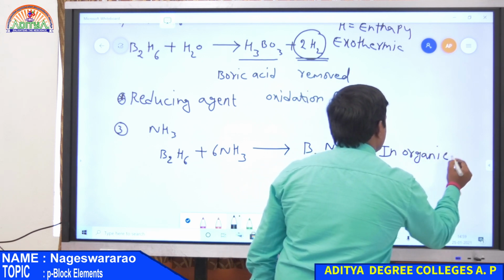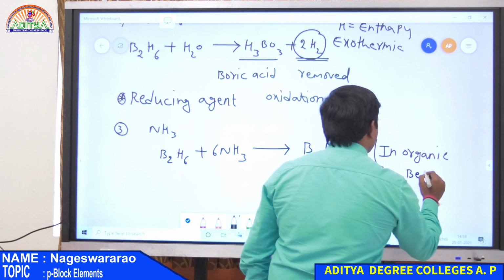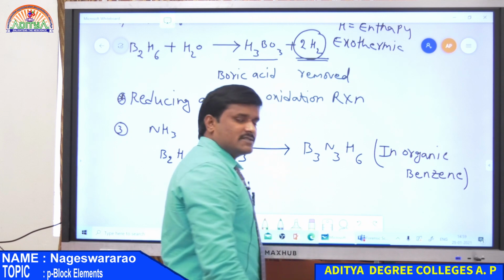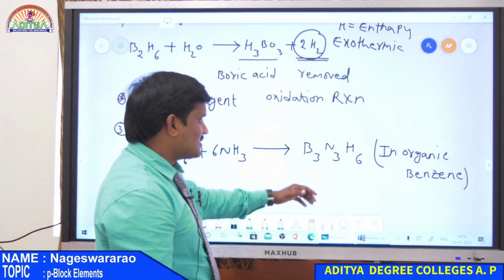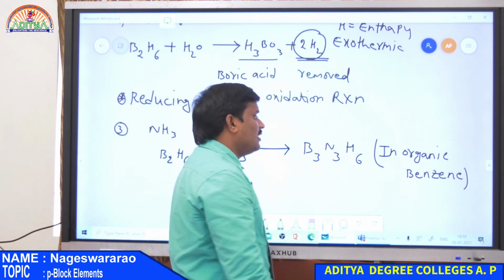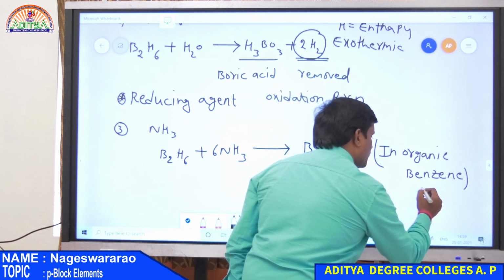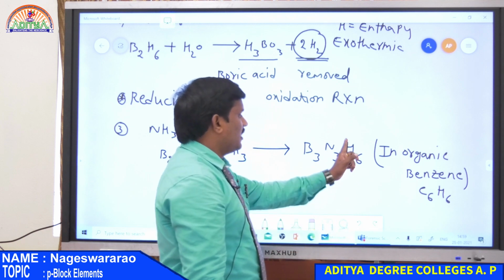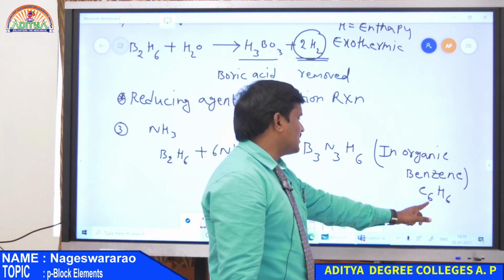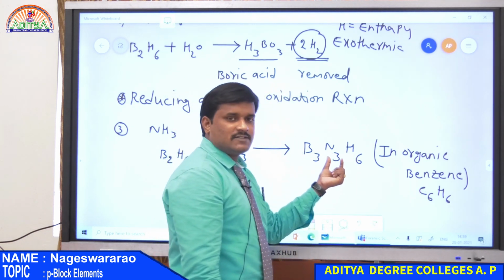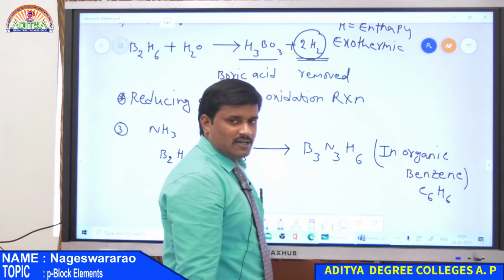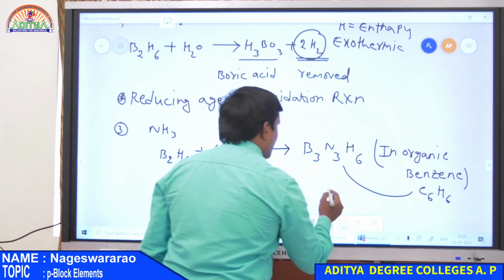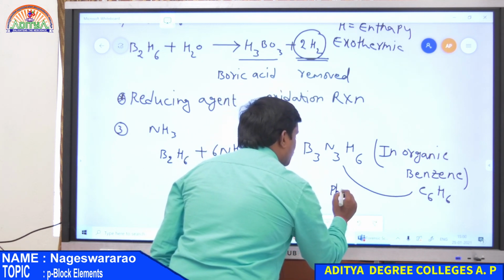Inorganic benzene. B3N3H6 is known as inorganic benzene because it has a chemical formula similar to benzene. So what is the chemical formula for benzene? C6H6. So here H6. For C6 there are 3 boron atoms as well as 3 nitrogen atoms. Therefore both have a similar chemical formula and also similar physical properties.